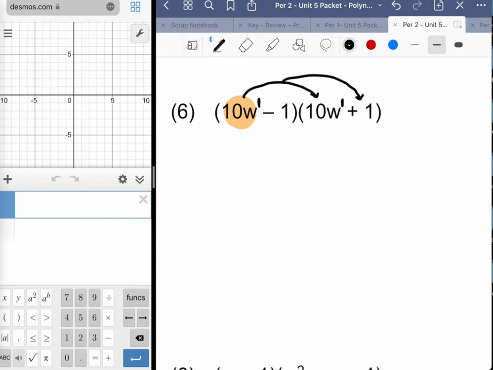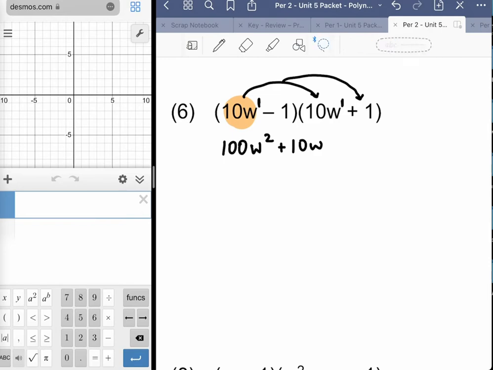So 10 times 10 is 100. W times w, well, keep the base, add the exponents, w squared. 10w times 1, positive 10w. You could write the power of 1 if you want, doesn't matter. All right, so that takes care of our first distribution.